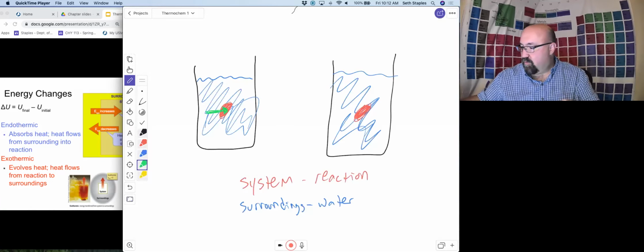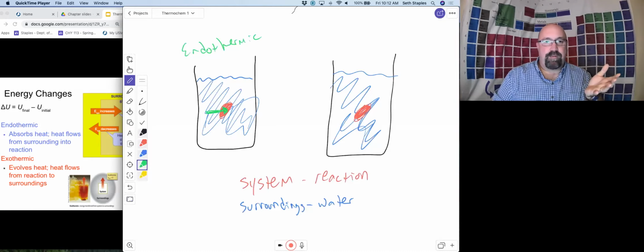So here, this one we're looking at is the endothermic example. There's our endothermic example. Our system is pulling in that energy. Our reaction is pulling in that energy.